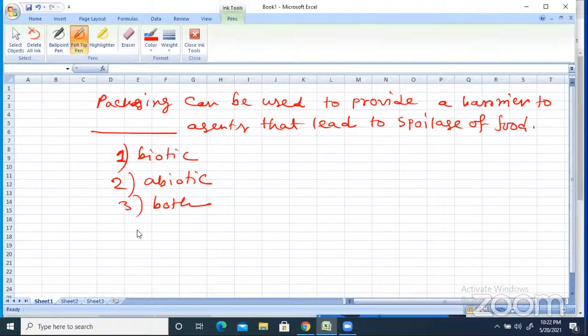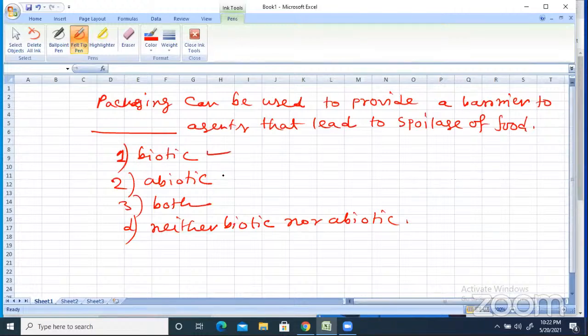And four, neither biotic nor abiotic. Both. Yes, both.